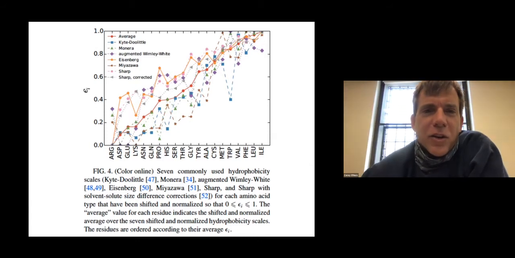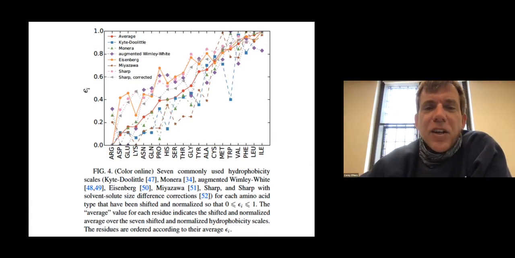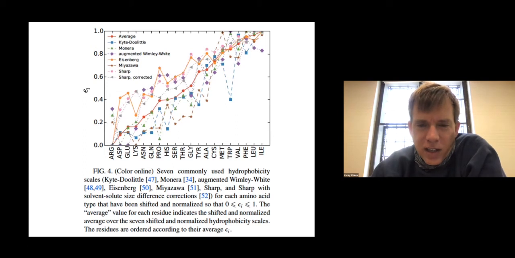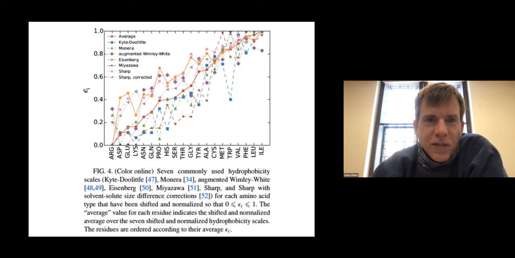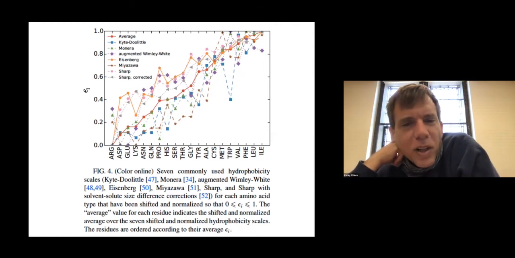But other researchers have made other definitions. So here I list 7 examples: Kyte-Doolittle, Monera, Wimley-White, Eisenberg, and so on. Those are all the different symbols, and they've all been normalized so that they go between 0 and 1.